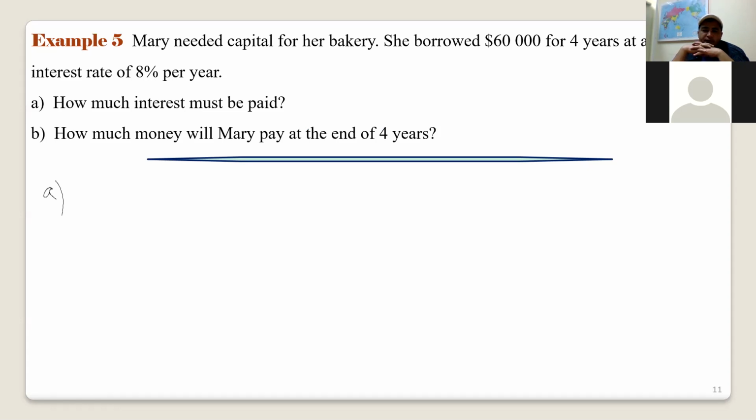First, let's write down what is given. The principal is given, right? P equals $60,000. And time, 4 years. T equals 4 years. And also the interest rate is given. It is 8%.